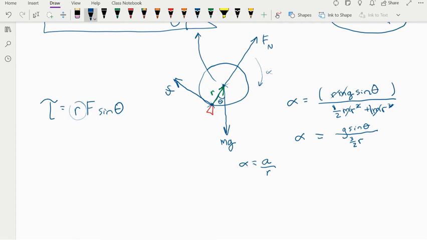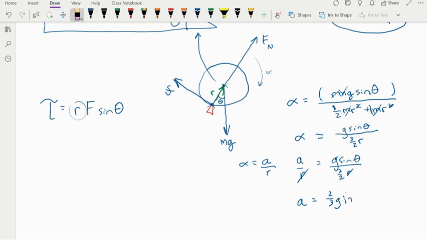When you divide meters per second squared by meters, you get the meters canceling out, and you end up with radians per second squared. So let me make that substitution. A over r is equal to g sine theta over 3/2 r. And so this r cancels out that r, and we have a final answer of 2/3 g sine theta.